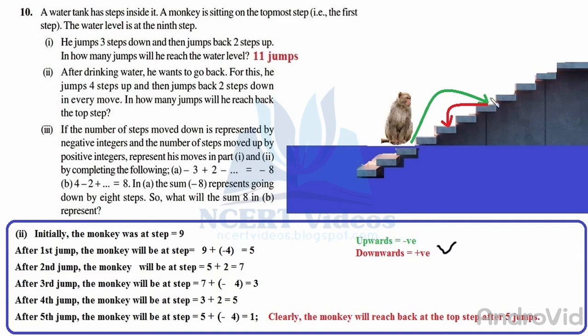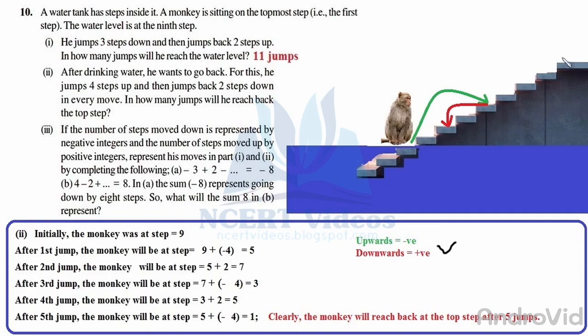Now, third jump. He was at 7 and he makes 4 to it. Upward is taken as negative, so he'll be at 3. After the fourth jump, 3 plus 2, again doing the same thing, he'll be at 5. Now, the important thing is the fifth jump.